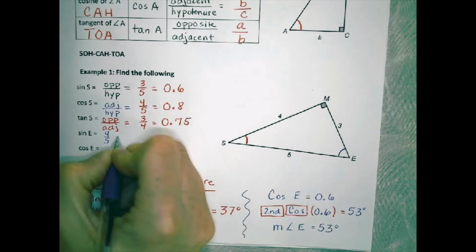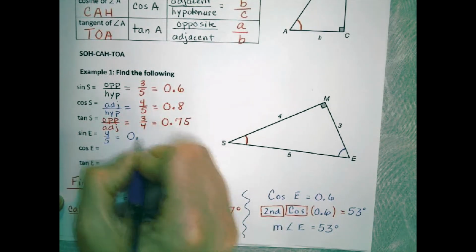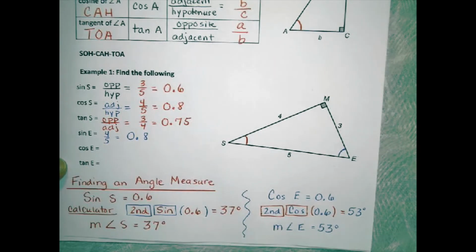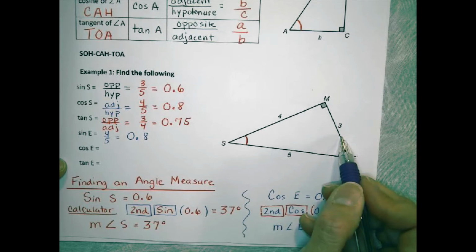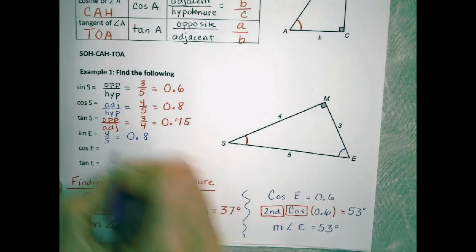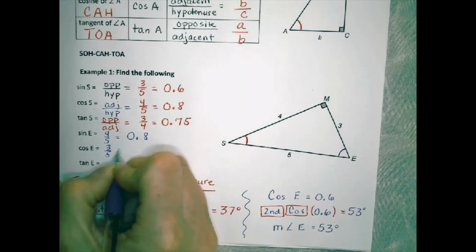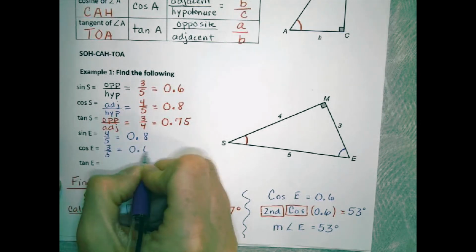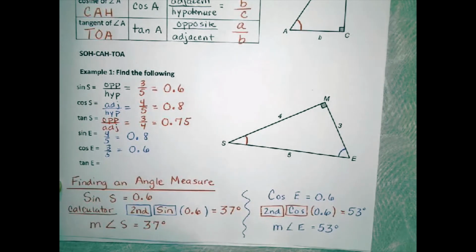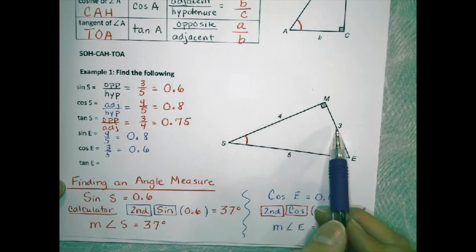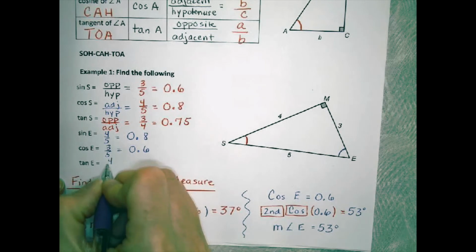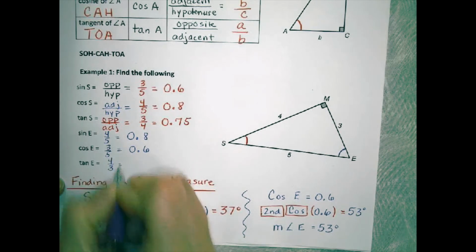My cosine for E would, of course, be the adjacent over the hypotenuse, or 3/5, which equals 0.6. And my tangent would, of course, be the opposite over the adjacent. So this time I'll actually get a number that is greater than 1, and I get 1.3 repeating.